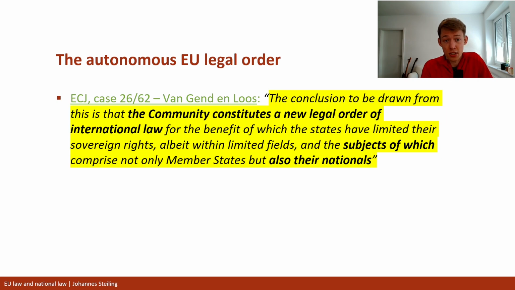And this is the stark difference, because the ECJ says that not only does EU law directly apply within the member states, but it can also directly give rights and obligations to individuals, to us. So I can directly invoke or get a right or an obligation from EU law.